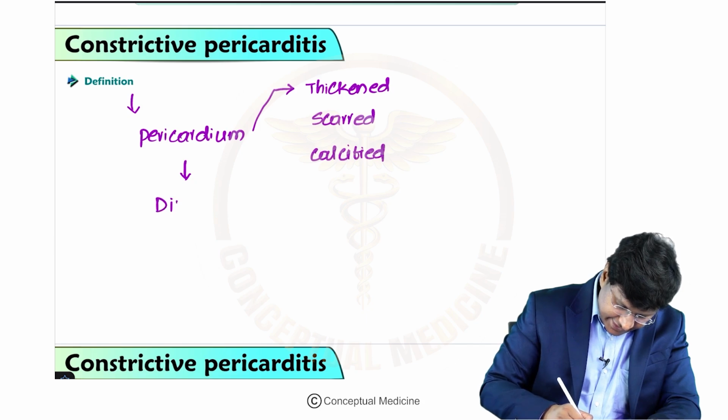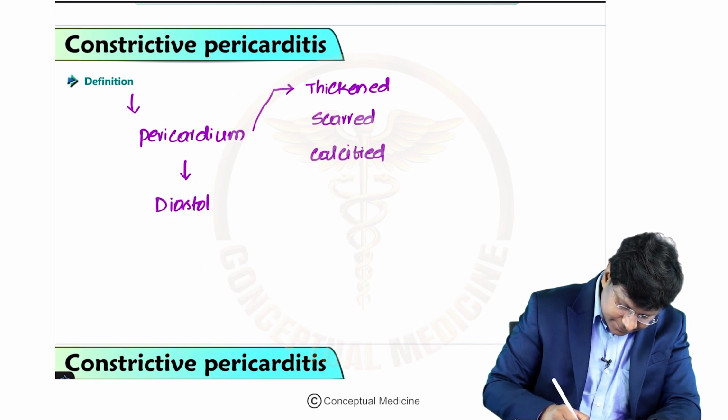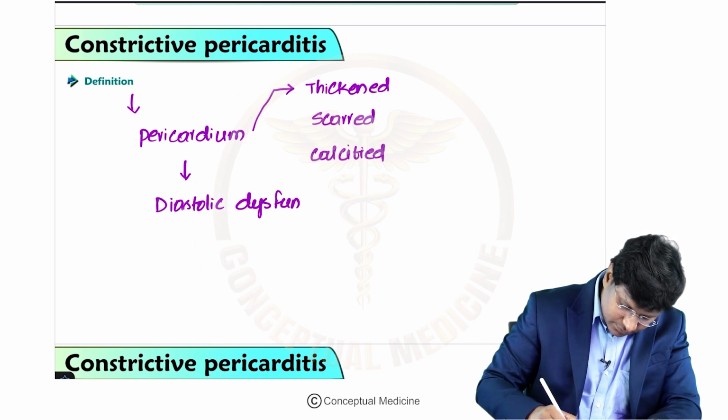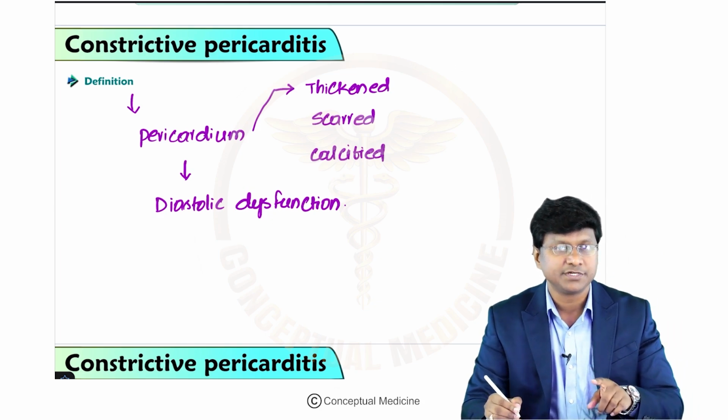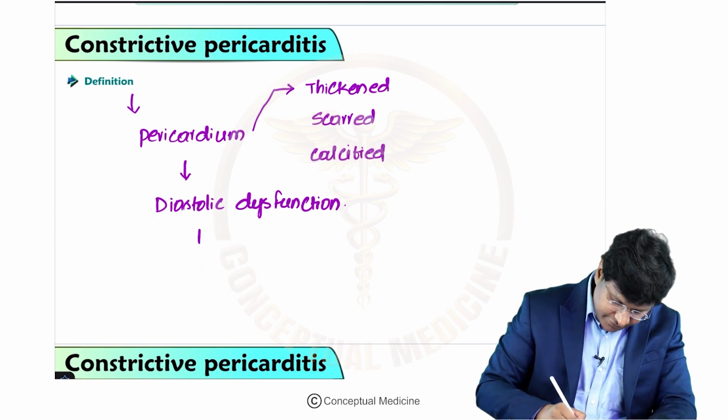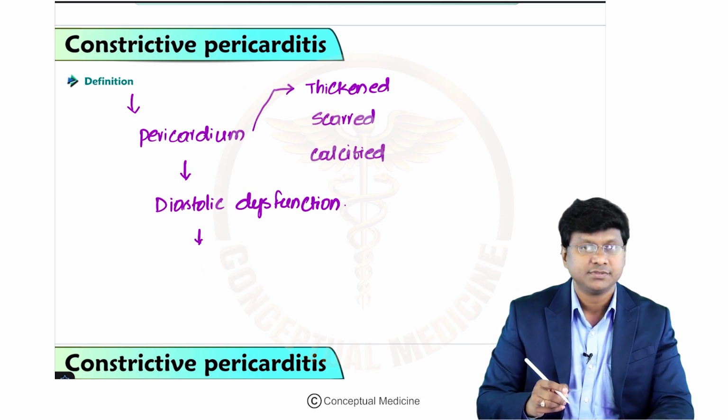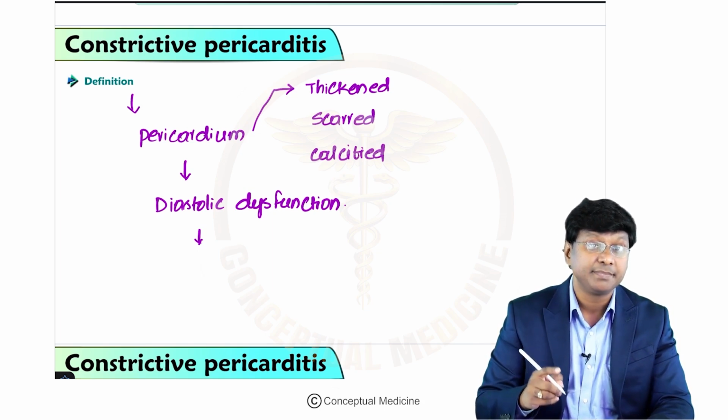There will be diastolic dysfunction. And because of this diastolic dysfunction, there is an increase in the pericardial pressure.